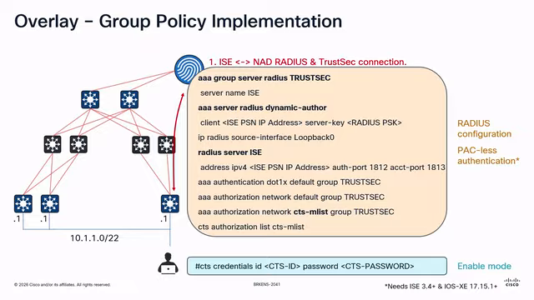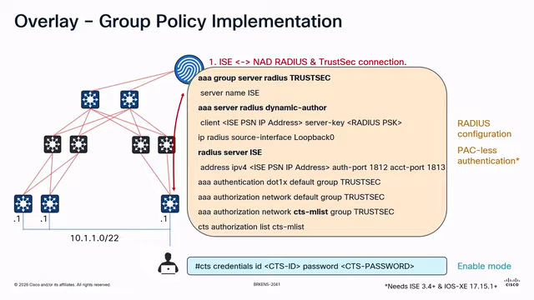ISE puts a cookie on the switch, using this cookie to talk to ISE to download TrustSec information. Everything is great, but this PAC method is using TLS 1.0, which is considered insecure, and a lot of organizations are phasing out this approach. As such, Cisco developed a PAC-less authentication that is using TLS 1.2, so it's perfectly secure, perfectly fine.